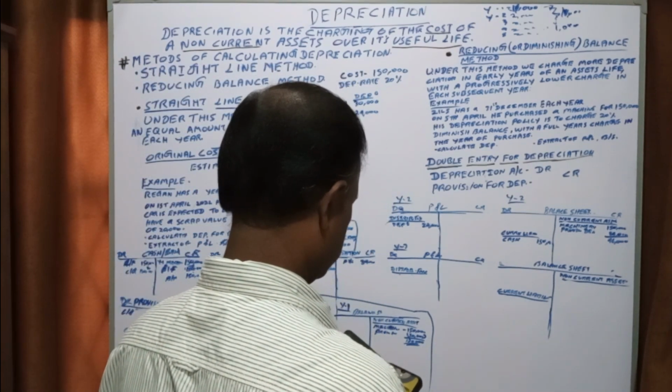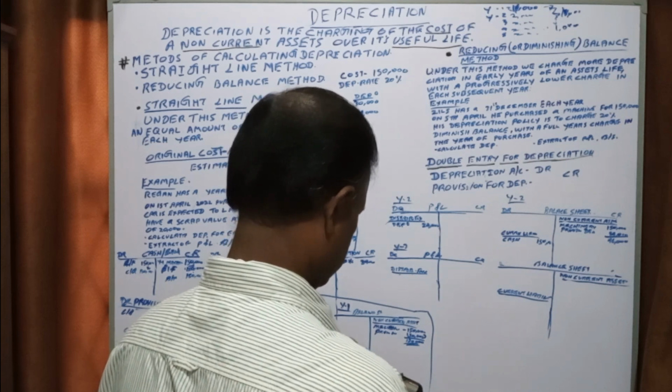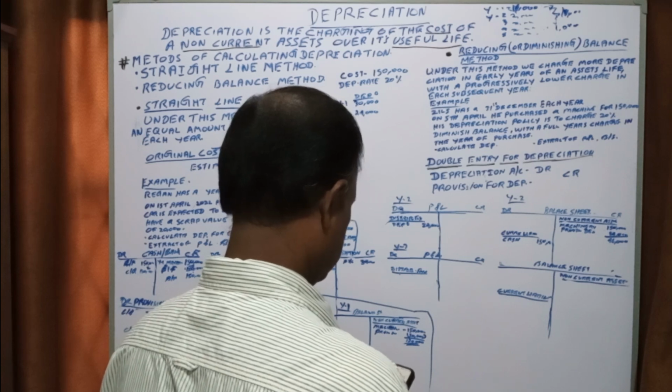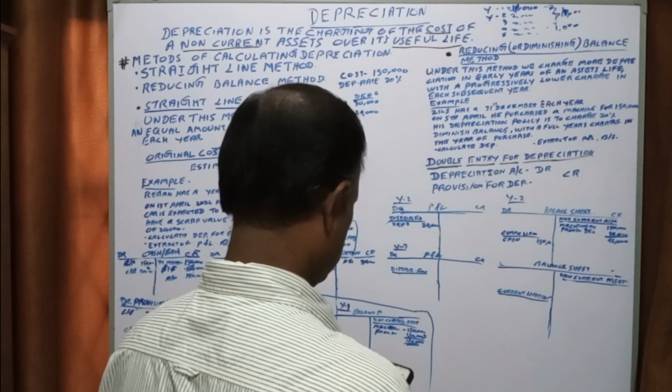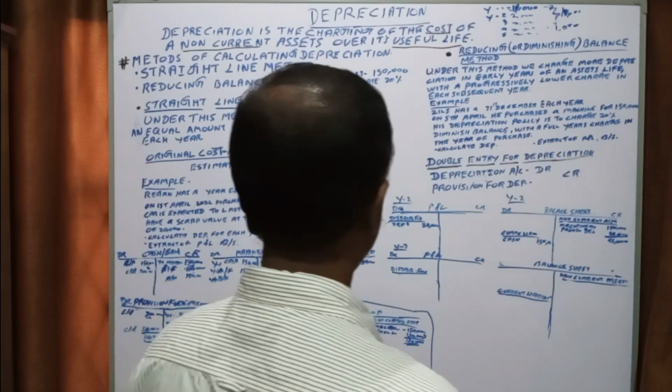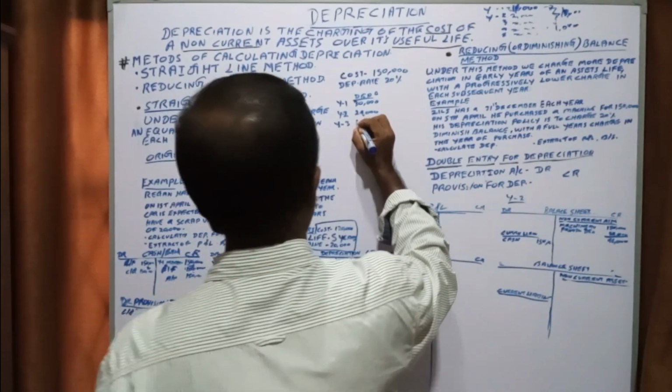Year 3: 96,000 into 20%. That is 19,200.